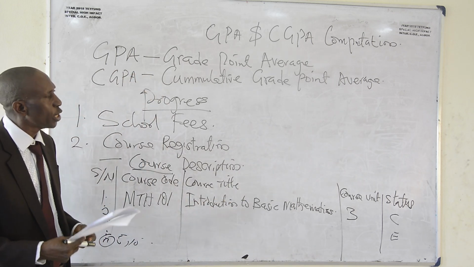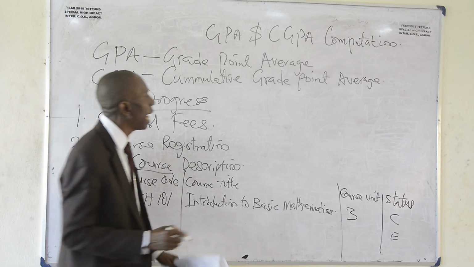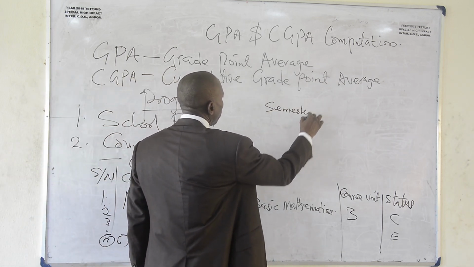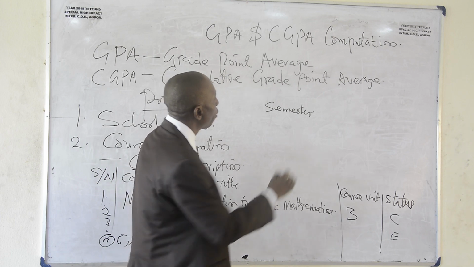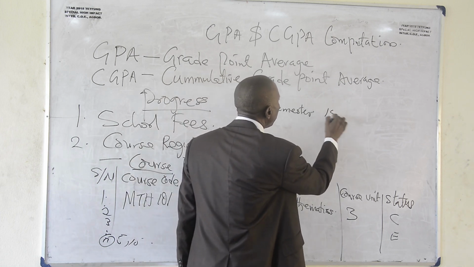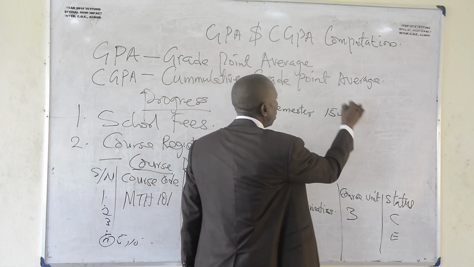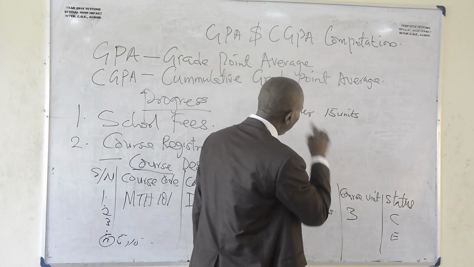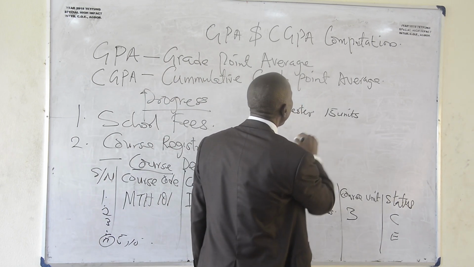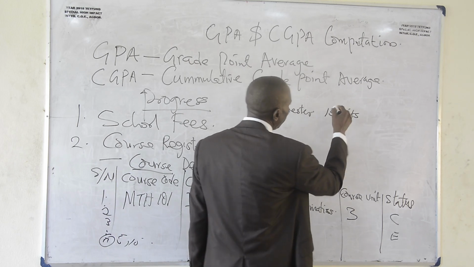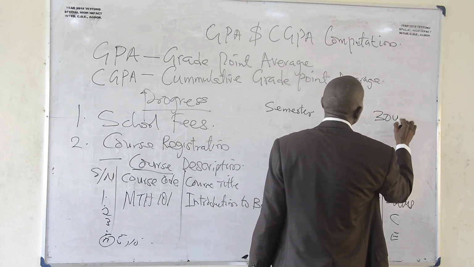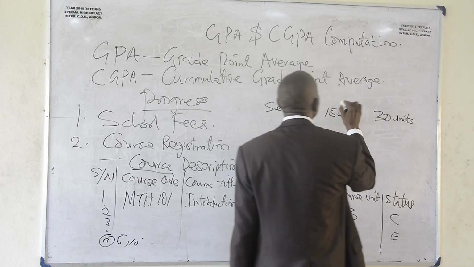And in the period of registration, for a semester, we have a minimum of 15 units to be registered and a maximum of 24 units in a semester.